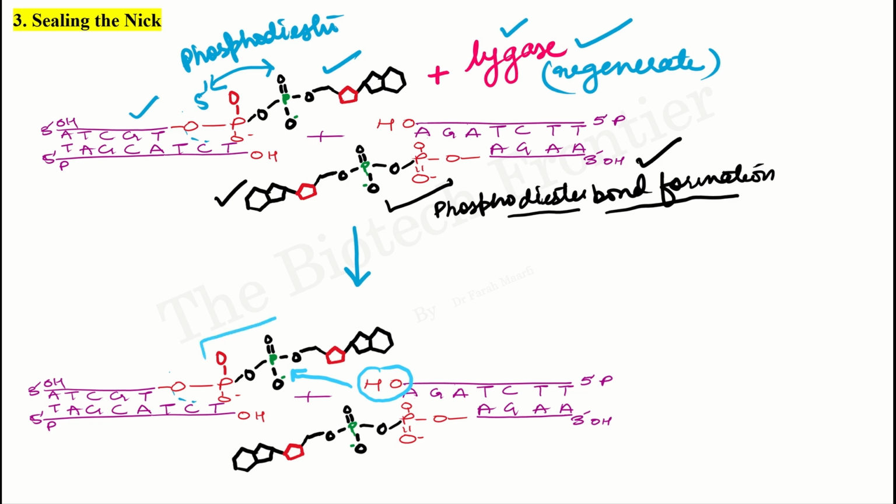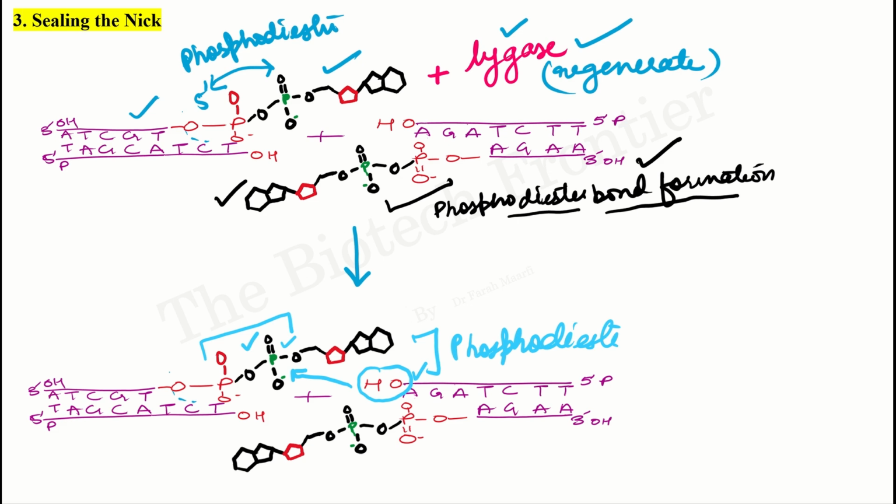The 3' OH attacks this particular phosphate group and seals this nick, and this attack again results in the formation of a phosphodiester bond here, between the 3' OH of one DNA strand and the 5' phosphate of the second strand, effectively sealing the nick.